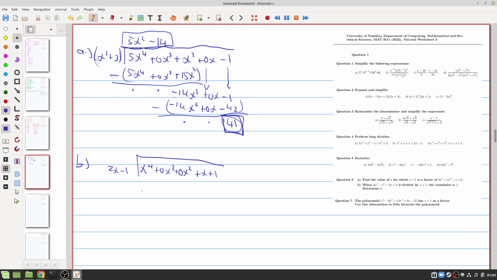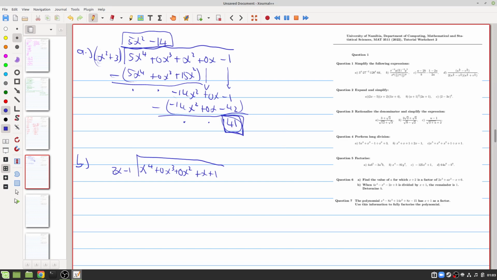Let's change it up a little bit. Instead of dividing by 2x minus 1, 2x minus 1 is pretty much the same as saying x minus a half. Okay, no, let's just stick to this. But again, there's a couple of ways we can think about this.